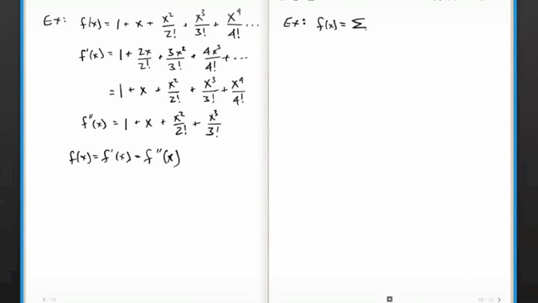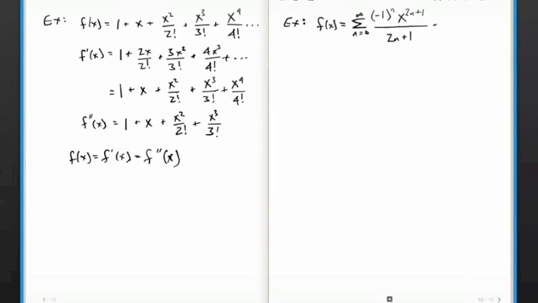The sum from 0 to infinity of -1 to the n, and x to the 2n plus 1, all over 2n plus 1.